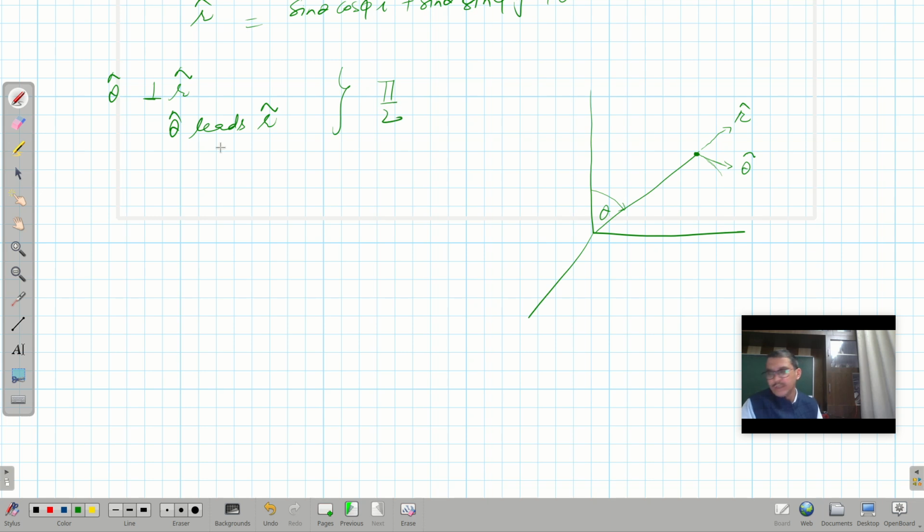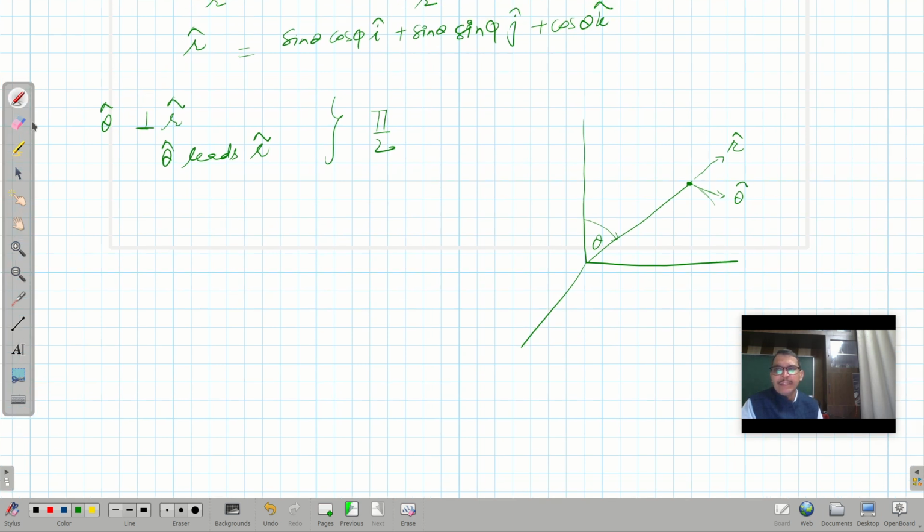Therefore, if I simply replace theta by theta plus pi by 2 in r cap, I will get theta cap.